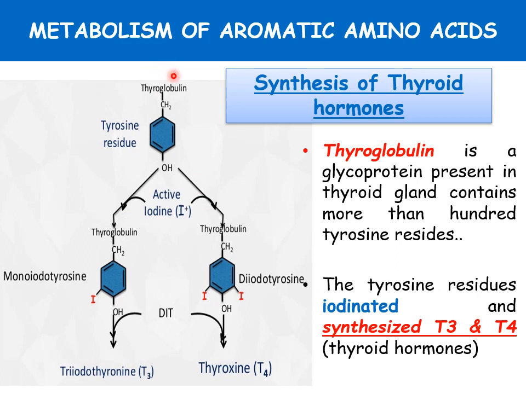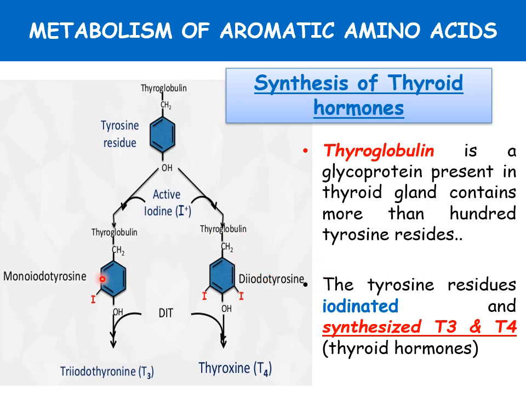The next important product synthesized from tyrosine is thyroid hormone. We know thyroid hormone is synthesized from thyroglobulin, which contains the amino acid tyrosine. This tyrosine takes an iodine molecule and gets converted into monoiodotyrosine, or if it takes two iodine molecules, it gets converted into diiodotyrosine.